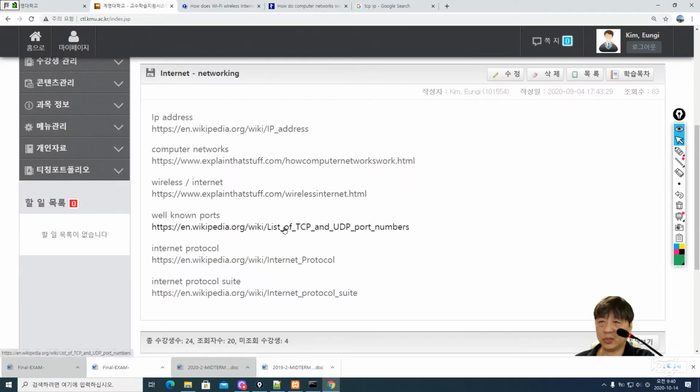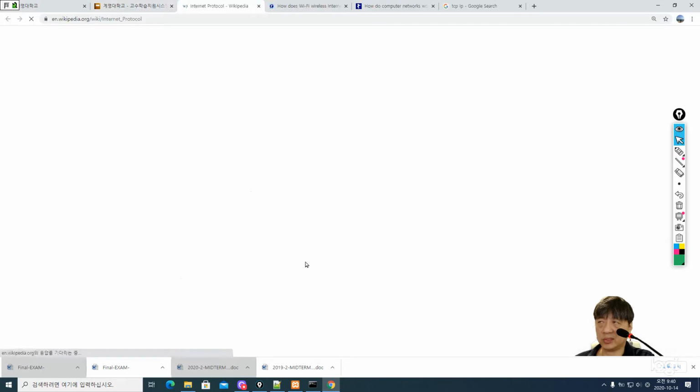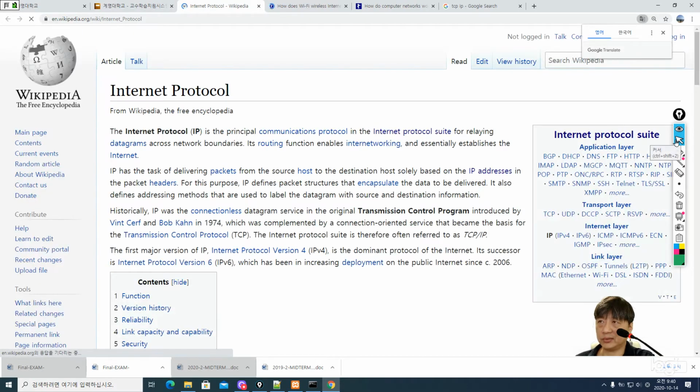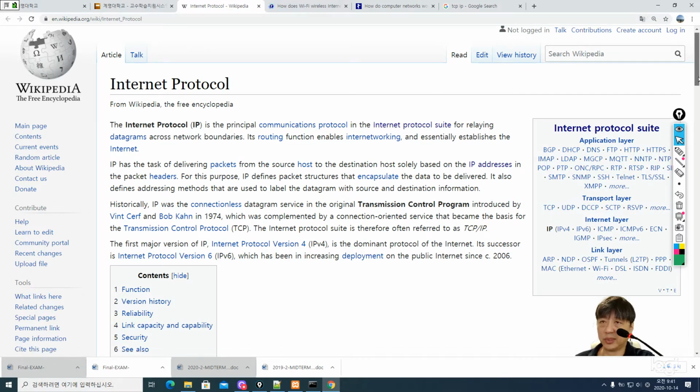Okay, ports, well-known ports. I told you that there are gonna be questions on the well-known ports. You just have to look it up. Internet protocol, the protocol suite. Pay attention to these protocols. If I give you certain protocol, you should be able to tell me which layer it belongs to. And we talked about connectionless and connection-oriented.